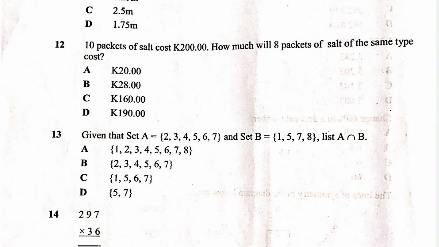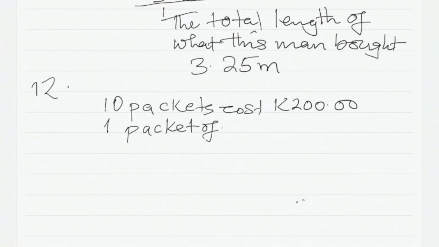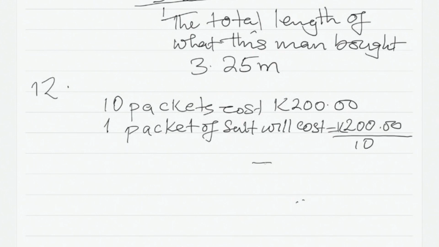We have to find the cost of 1 packet of salt. 1 packet of salt will cost 200 kwacha divided by 10 packets. So that will give us 20 kwacha.